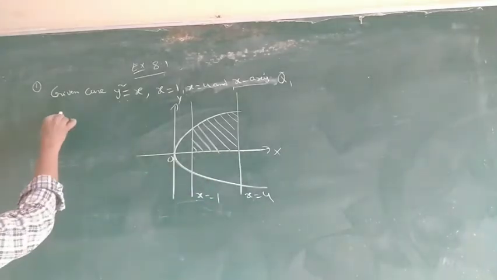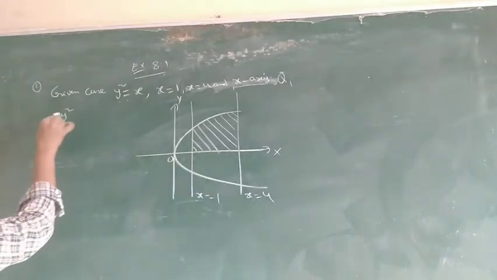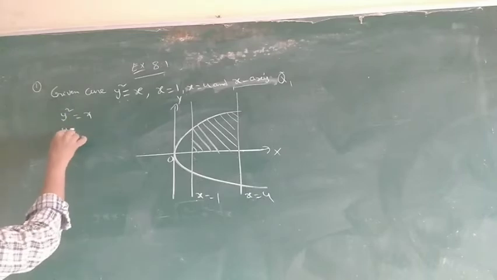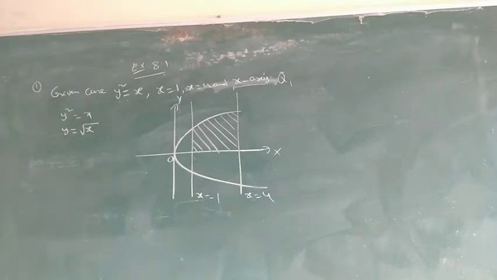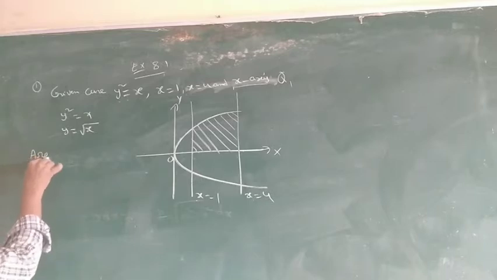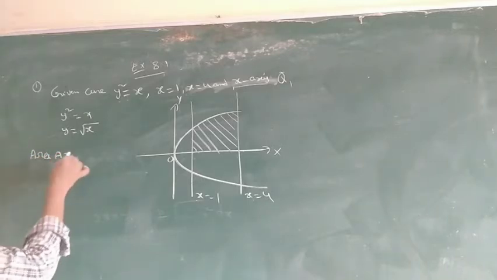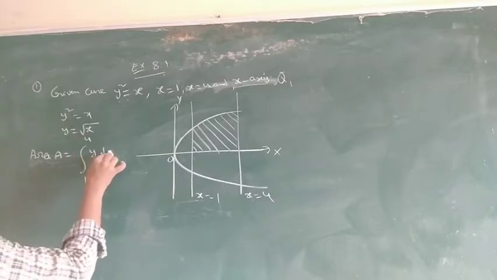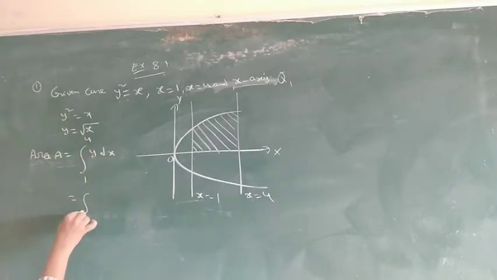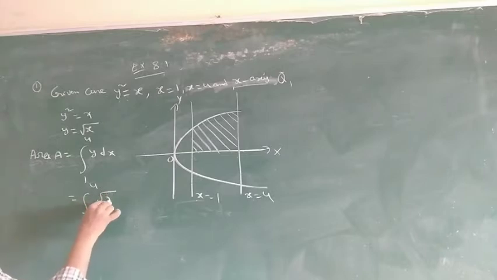So y square is equal to x. So y is equal to what? Root x, because of the integral y dx. Y is equal to root x. So area A is equal to integral 1 to 4 y dx. That is equal to integral 1 to 4 root x.